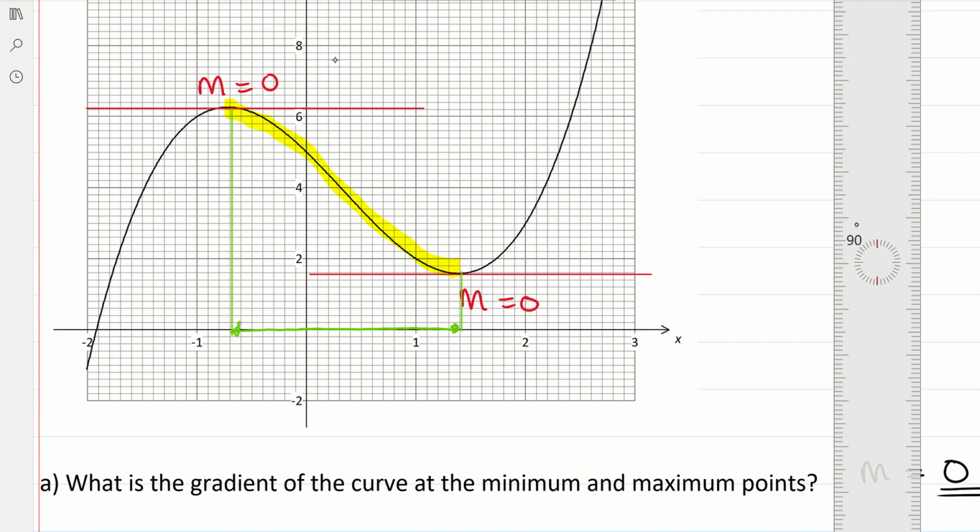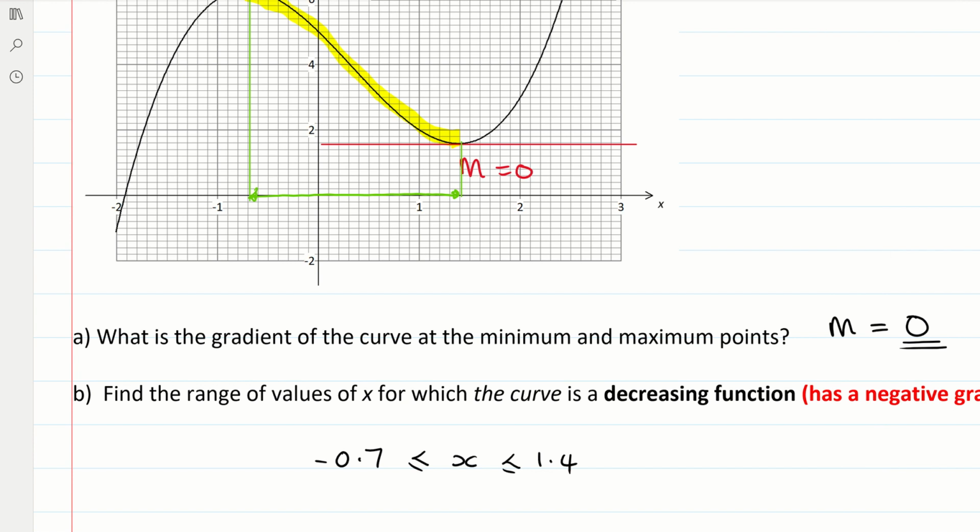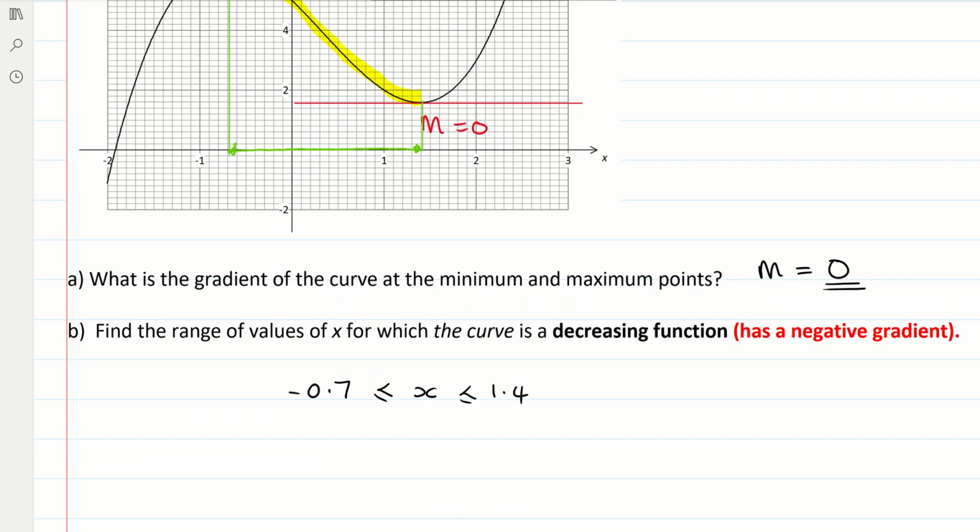So this is 0.1, 2, 3, 4, 5, 6, 7, so negative 0.7, all the way to 1.1, 2, 3, 4. So x is bigger than or equal to, smaller than or equal to, and what did we say? Do we count 4? Yeah, 1.4. So all of these values for x give us a decreasing function. And that is the end of this video.